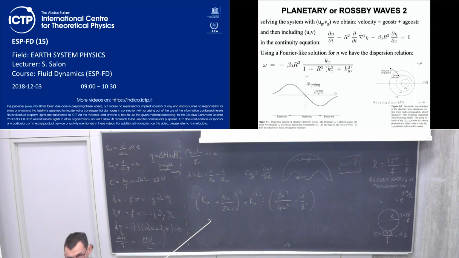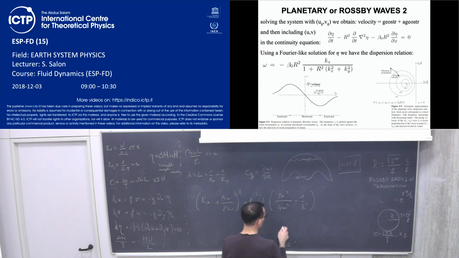Can you recognize it? Well, it's easy. In the kx, ky plane it is exactly the path of a circle, which has a center at 0 in y and minus beta 0 over 2 omega in x, and this is the radius, right?